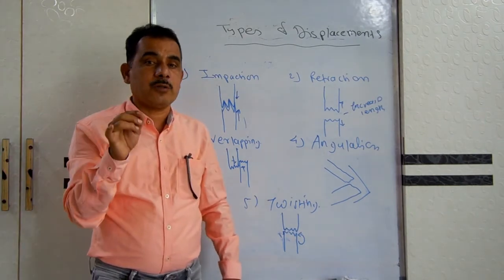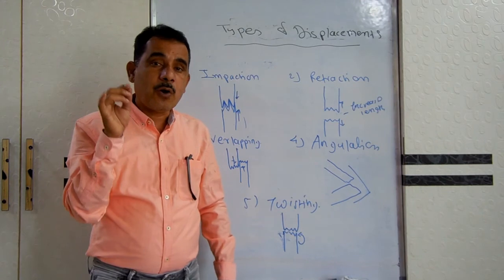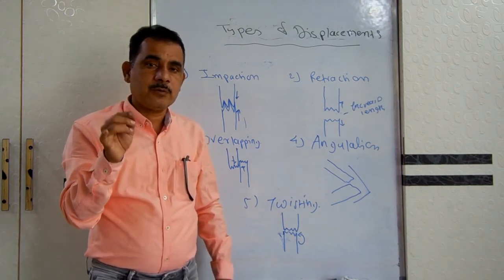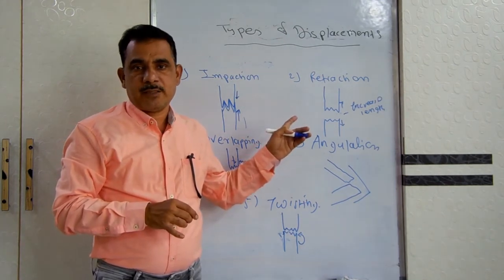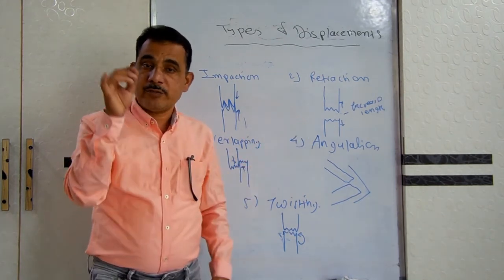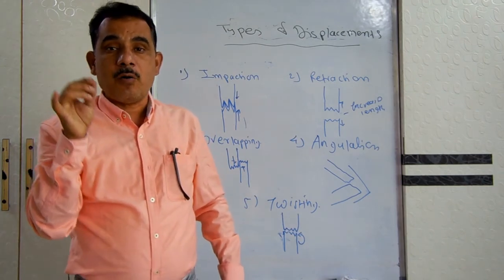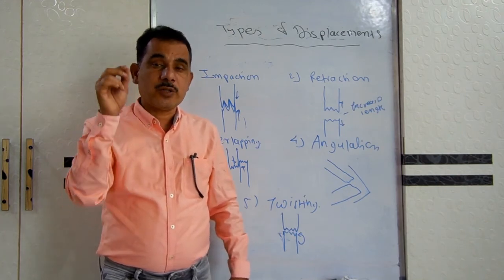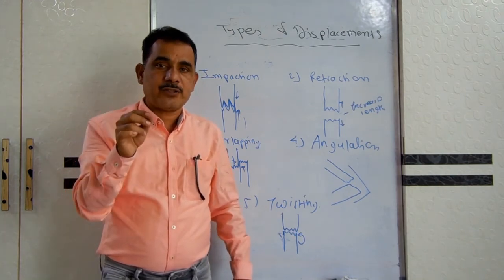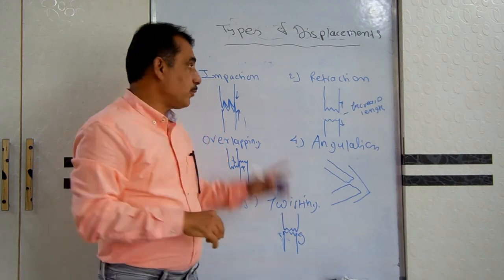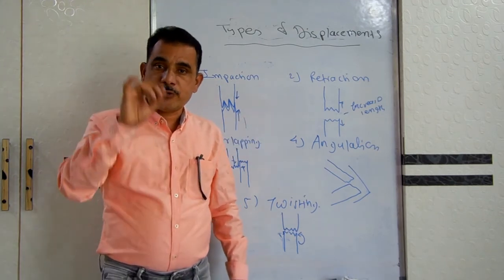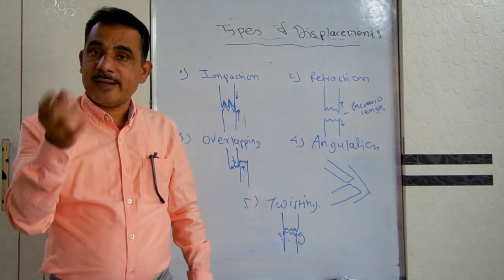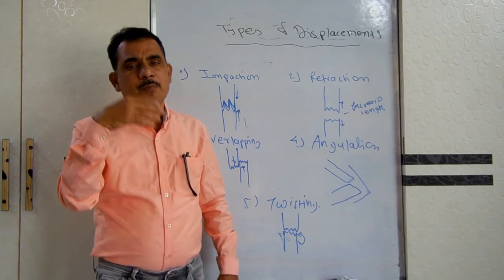This is very important to remember, because the reduction of the fracture depends upon the type of displacement. And this is very important for the treatment of the fracture, because unless you reduce the fracture, reduction meaning neutralization of this displacement, healing of the fracture is not possible. It will be either delayed healing, or malunion, or non-union.